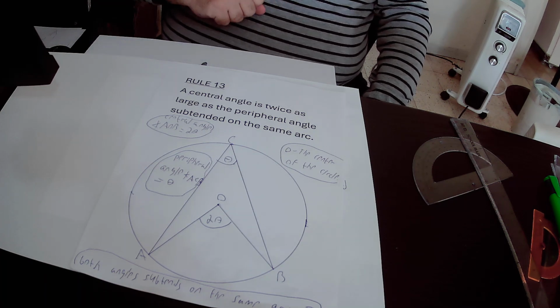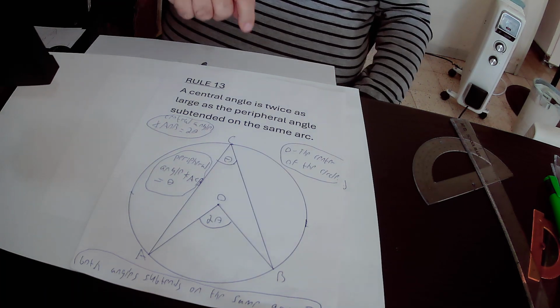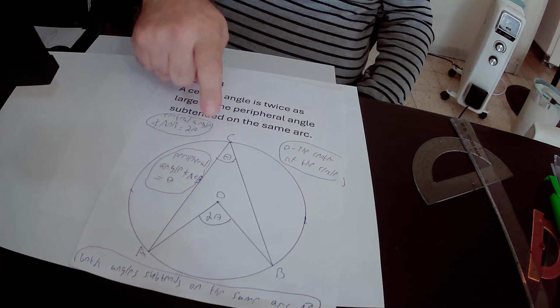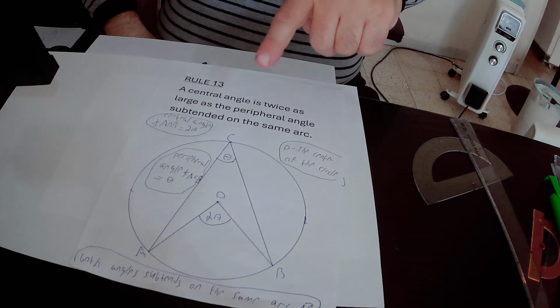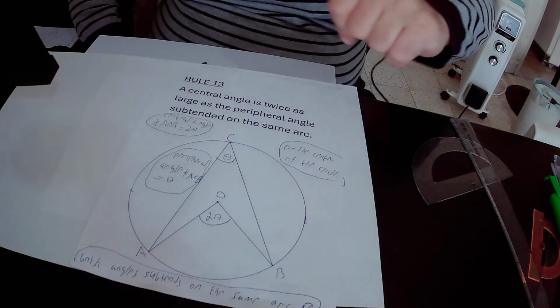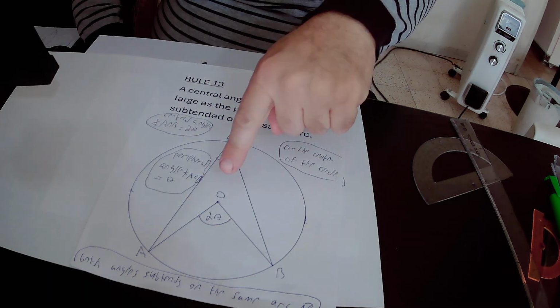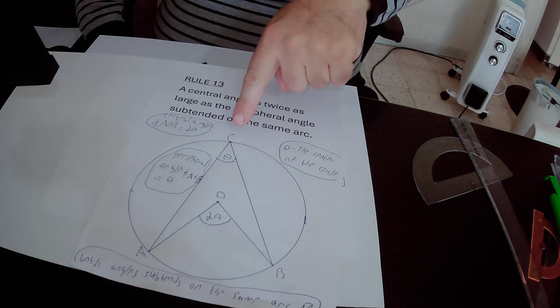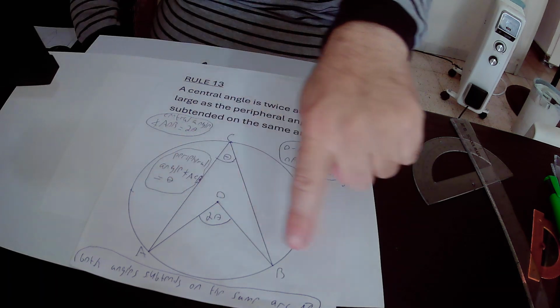This is according to rule number 13. And because peripheral angle ACB equals theta, the central angle AOB that is subtended on the same arc AKB will be equal to 2 theta. It is twice as large as the peripheral angle that is subtended on the same arc AKB.